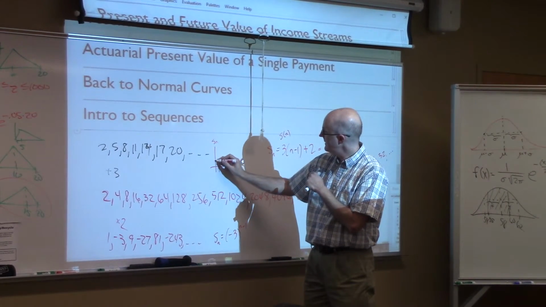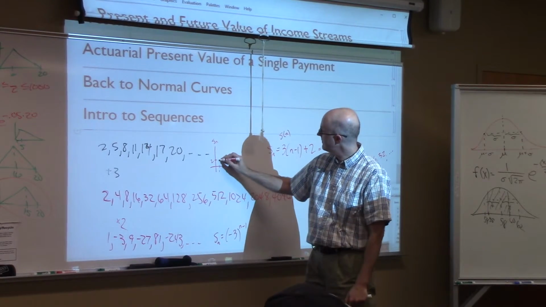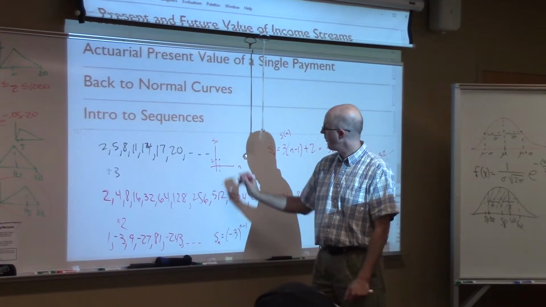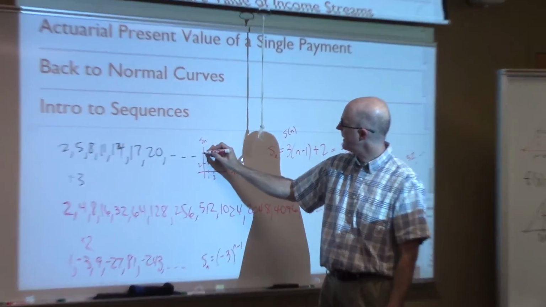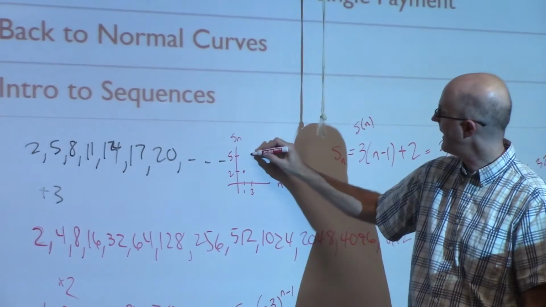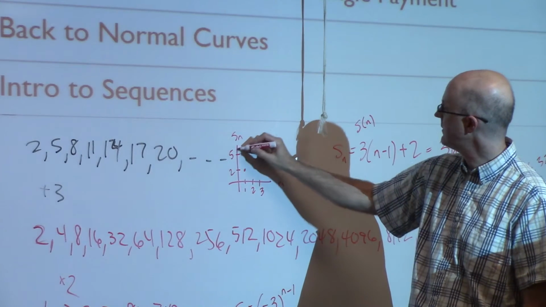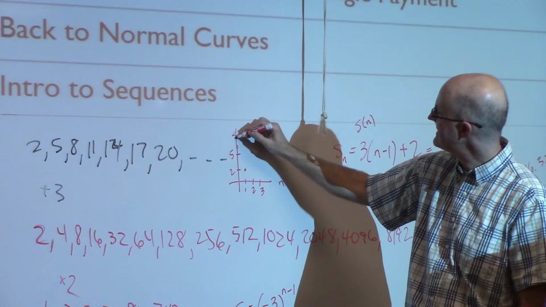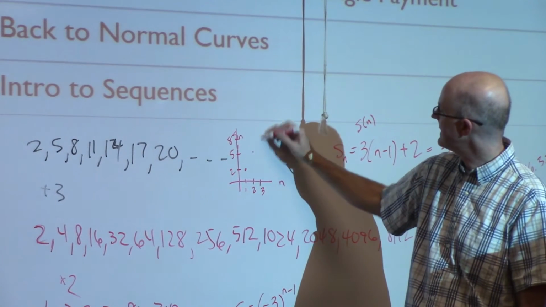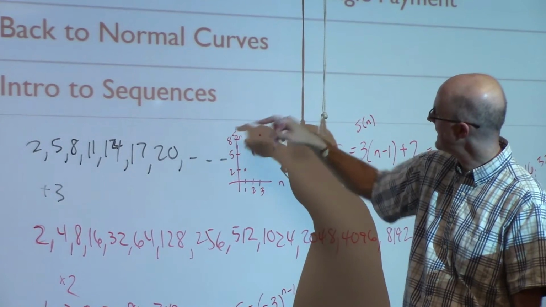When n is 1, the value is 2, make a dot there. When n is 2, the value of the sequence is 5, make a dot right there. When n is 3, the value of the sequence is 8. Make a dot right about there, etc.